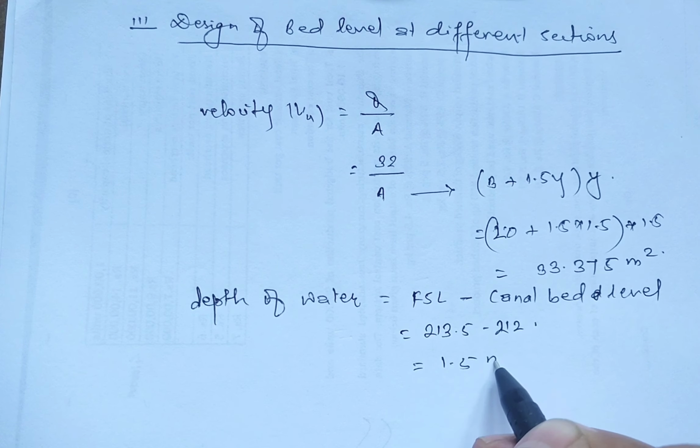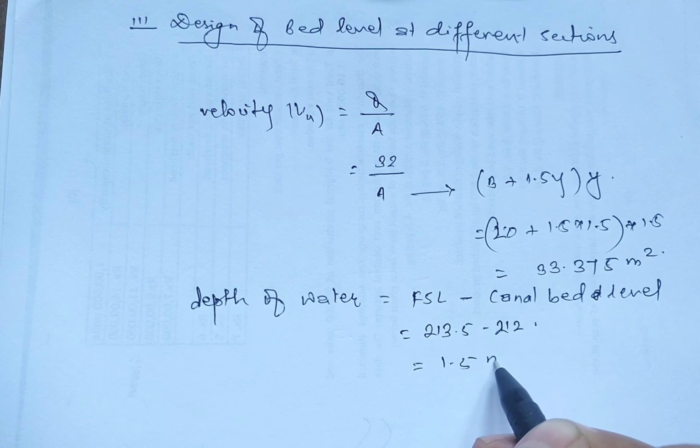In our question, the RL of bed level at section 4 is given. That is RL of bed level at section 4 equals 212.0 meter. That is, this level, 212.0 meter, is given in our question.